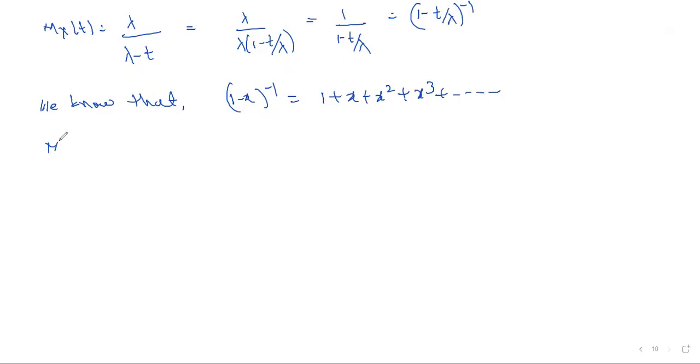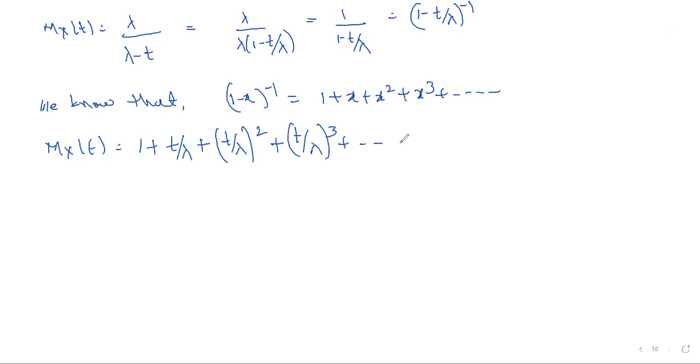That is nothing but our M_X(t) is equal to 1 plus t by lambda plus (t by lambda) whole square plus (t by lambda) whole cube and so on, like this we have.